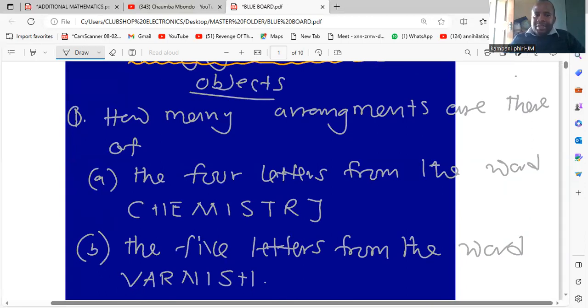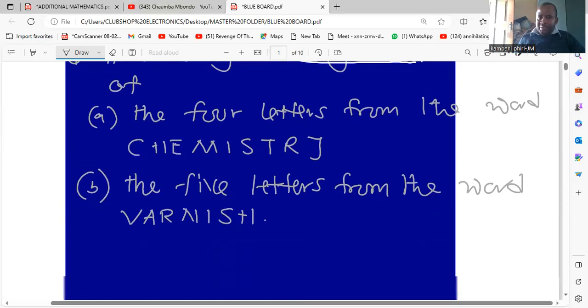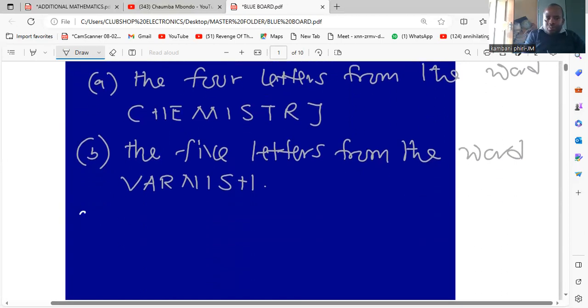How many arrangements are there? Because we are talking about arrangements, we are dealing with permutation. How many arrangements are there of the 4 letters from the word chemistry? So we have this word chemistry.